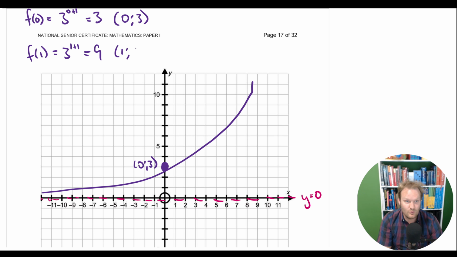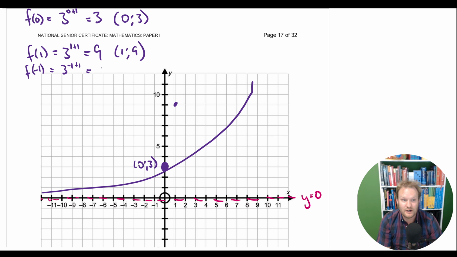In other words, 1, 9 is on the graph. We expect this because we're multiplying by 3 every time. So 1, 9 is important, which shows how bad my shape was to start with. We could also put in f of negative 1, which is 3 to the negative 1 plus 1, which is 3 to the 0.